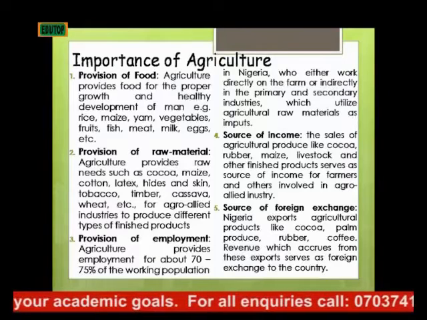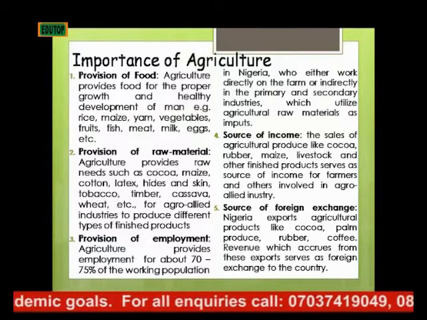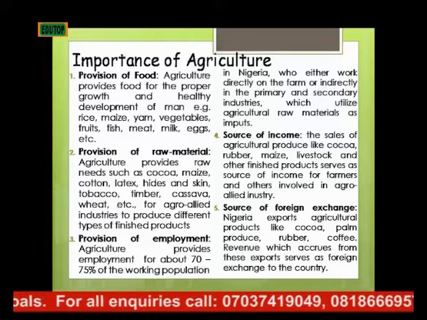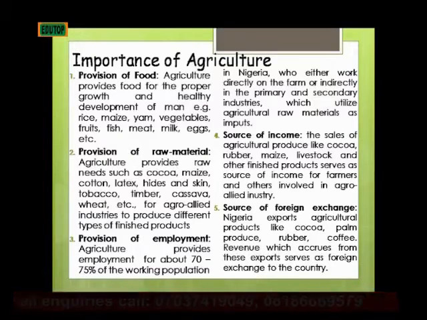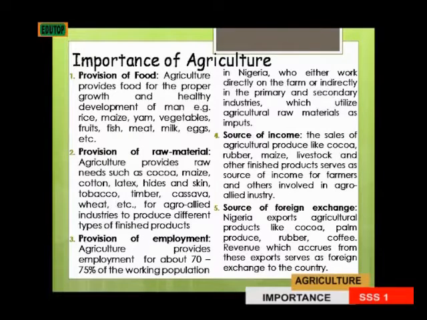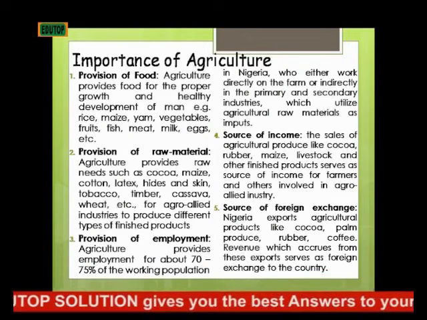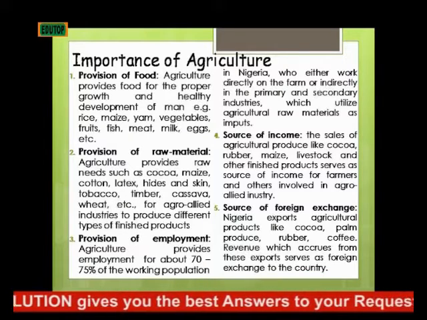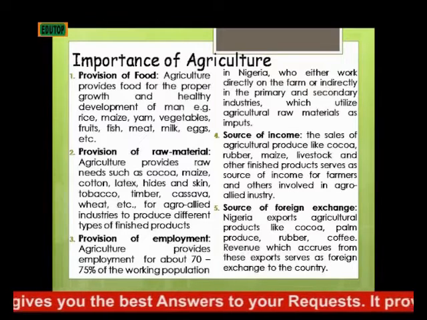And then there are some agro-allied industries, that is, those that produce sandals and then our bags are also agro-allied industries. So those that are employed there are indirectly employed by agriculture.